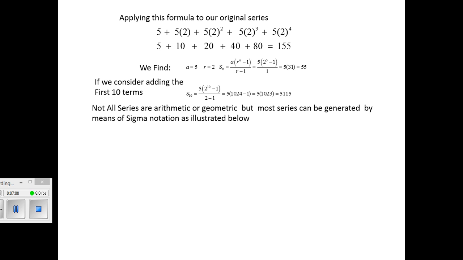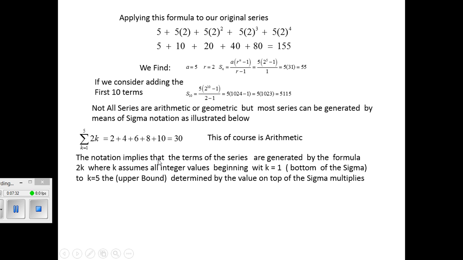Okay, all right. Now, you will see in the exercises some problems involving sigma. You'll see these problems in both the arithmetic series and the geometric and many other series, okay? So we'll look at this. This is a notation. This is the sigma symbol, okay? This is generating an arithmetic sequence, but let's talk about what it is.